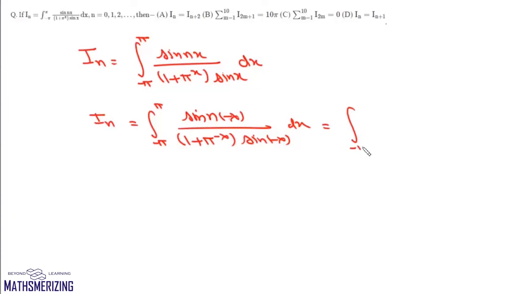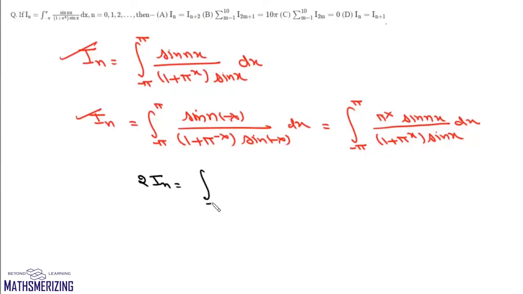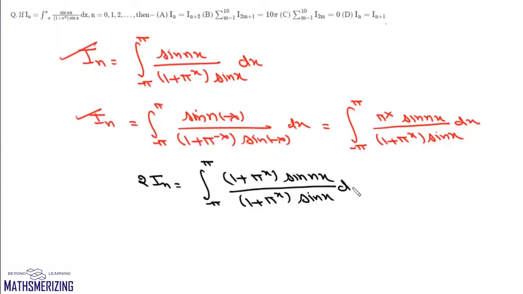So In will be this integral from minus pi to plus pi, pi to the power x sin nx upon 1 plus pi to the power x into sin x dx. Now we'll add these two integrals. Now if we add them, we'll get 2In, and it'll be this integral from minus pi to plus pi, 1 plus pi to the power x into sin nx upon 1 plus pi to the power x upon sin x dx.